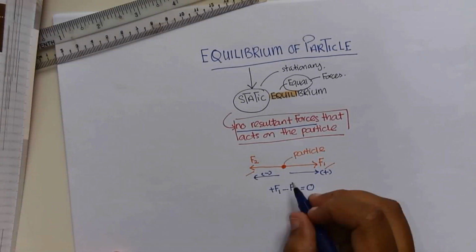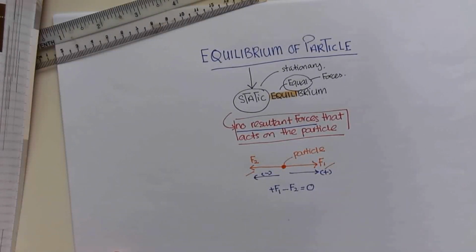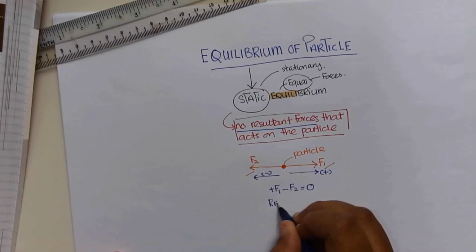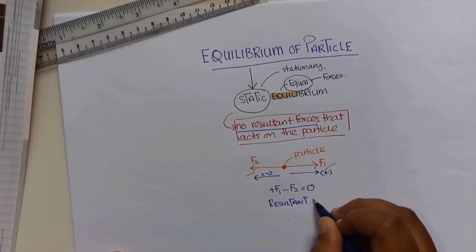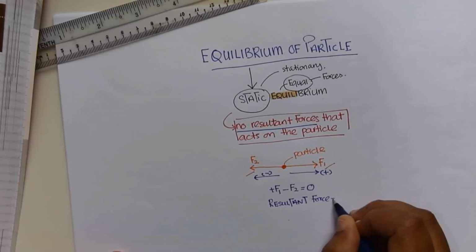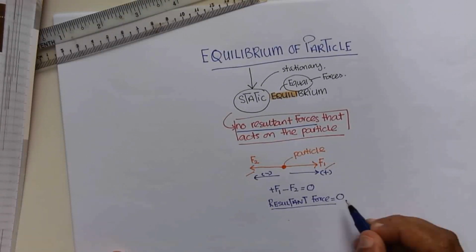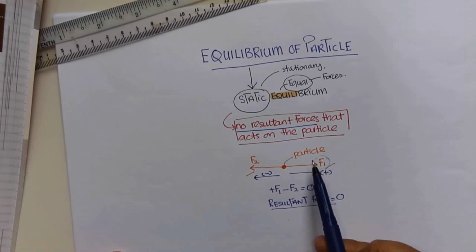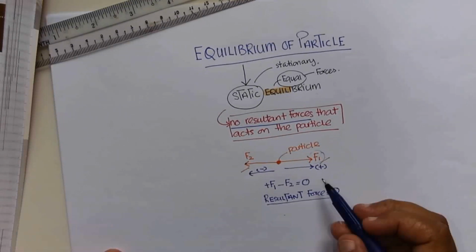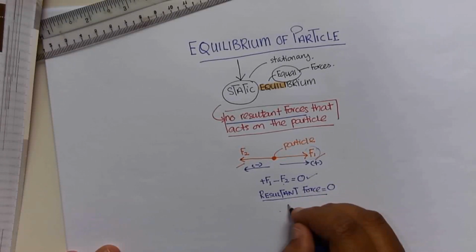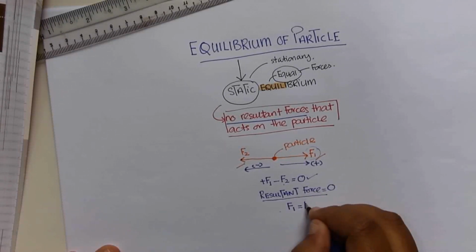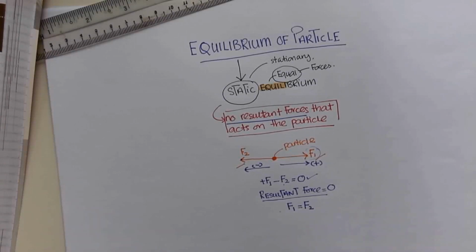The resultant is the total force, so the resultant force is equal to 0. The resultant force is F1 minus F2, so when F1 minus F2 is equal to 0, I can say F1 is equal to F2.